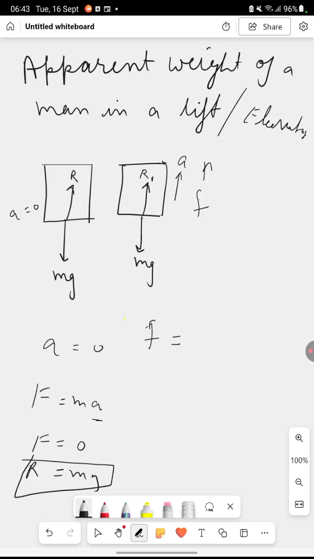So R1 will be more than mg. We can write F is equal to R1 minus mg. So we can find our reaction force R1 will be equal to F plus mg.